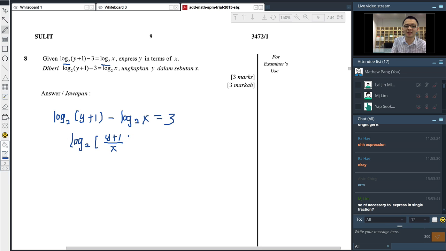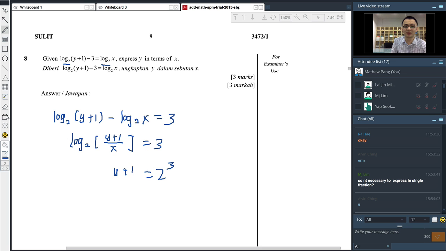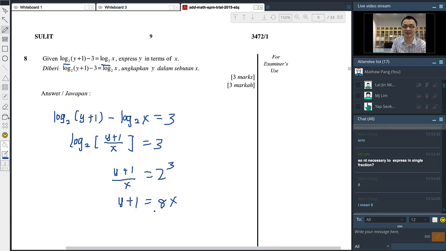Over x equals to 3. Move the 2 to the other side, it will become 2 power of 3. This is y minus 1, y plus 1 over x. So y plus 1 equals to 2 power of 3 is 8, 8x. So y will equal to 8x minus 1. Because the question asks me to express y in terms of x, that means you want to make y as the subject.